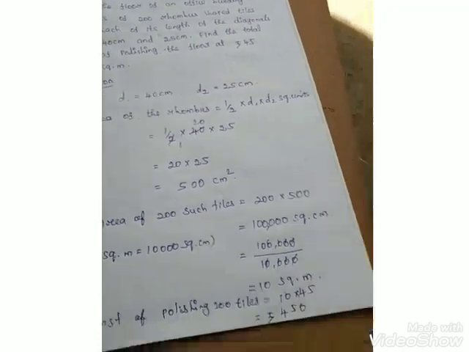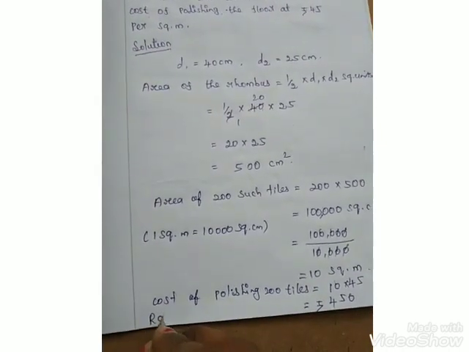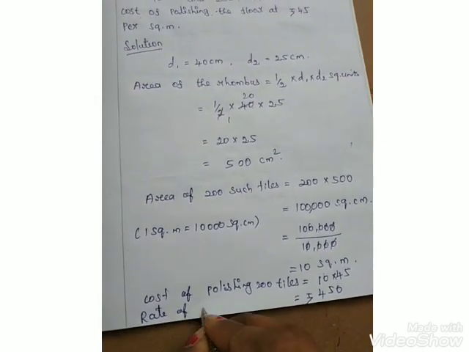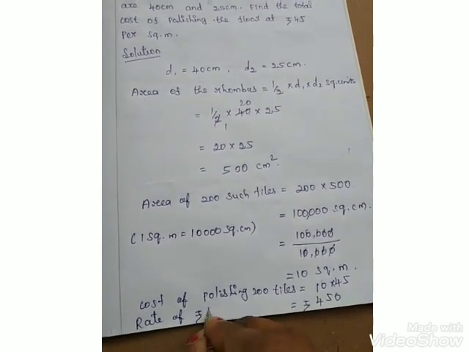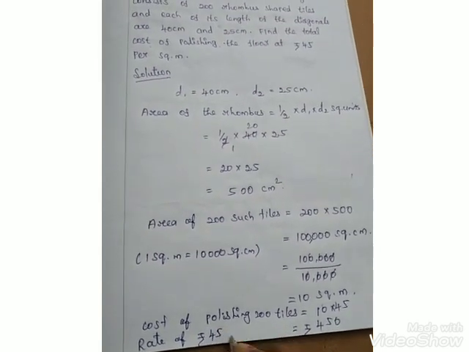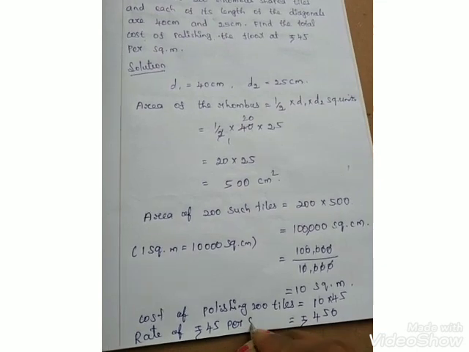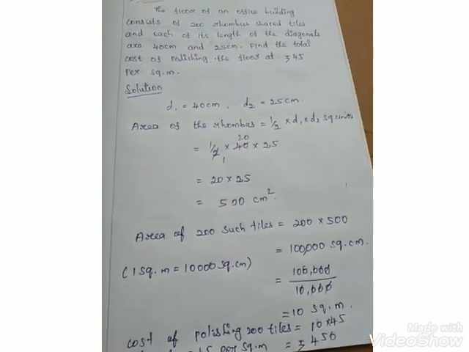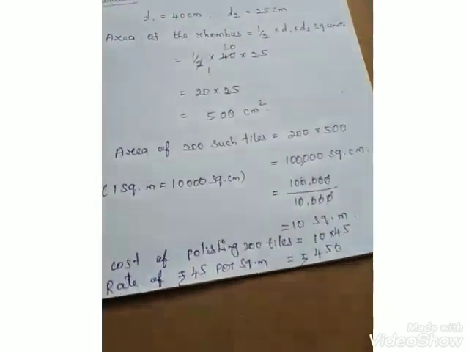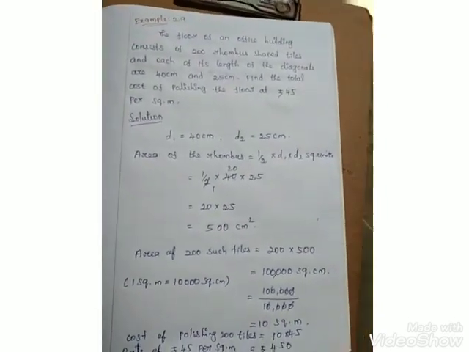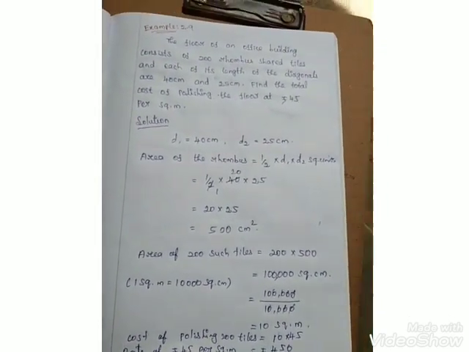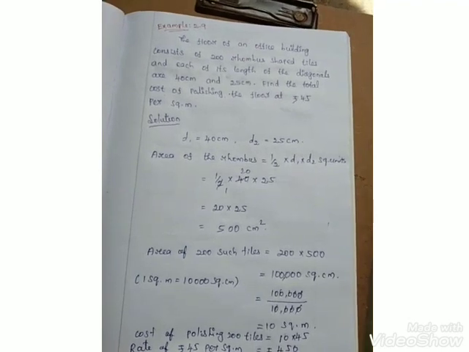So the rate of rupees 45 per square meter is equal to rupees 450. Do you understand? Dear students, if anybody has doubt, please ask in our group.